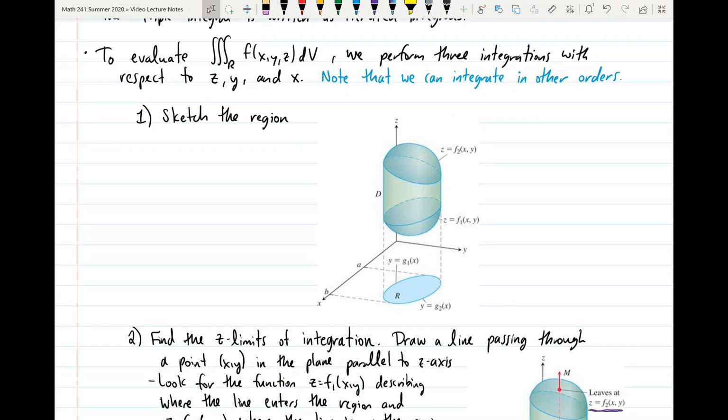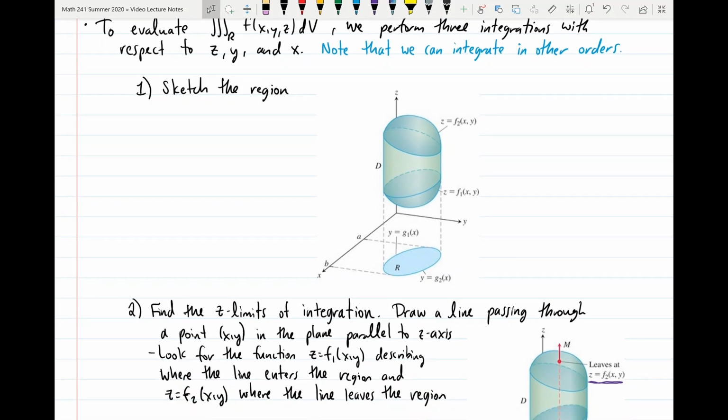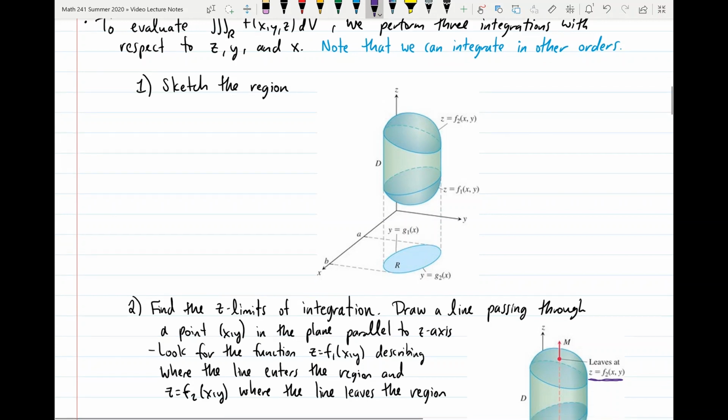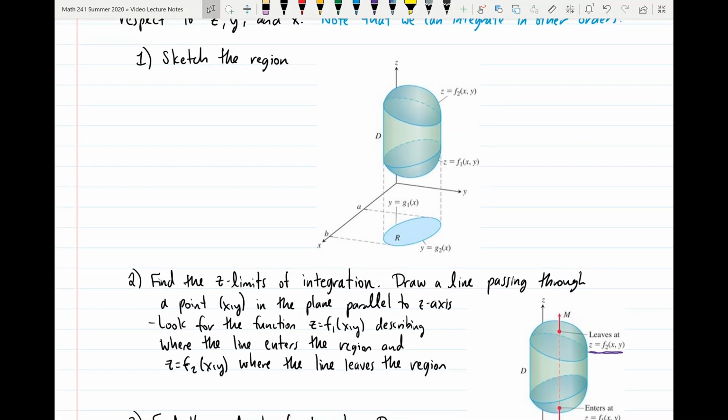We have our 3-dimensional object D, and then notice that you also have a sketch of the projection of that object D down onto the XY plane, and that region is going to be called R. So we have 2 regions of interest here: our 3-dimensional region D, and the 2-dimensional region R that represents the projection of D down onto the XY plane.